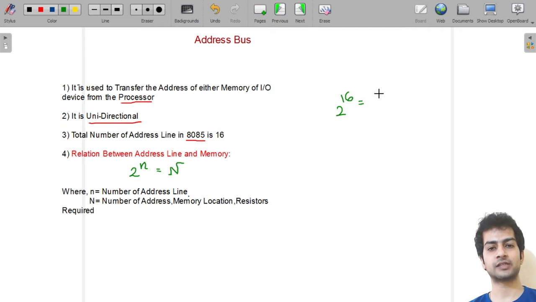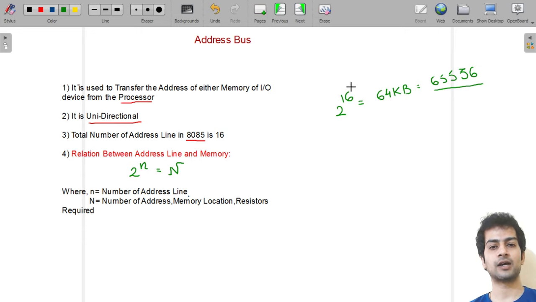So 2 to the power 16 comes to be 64 kilobyte, and this figure is 65536. So what is this 65536? It is the total number of memory locations which can be connected with microprocessor 8085.